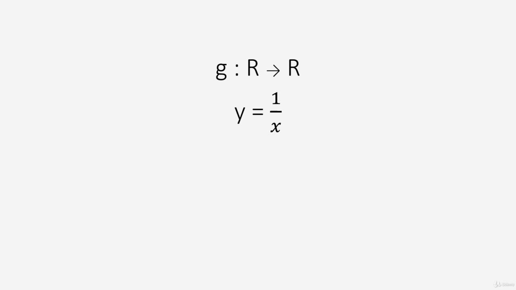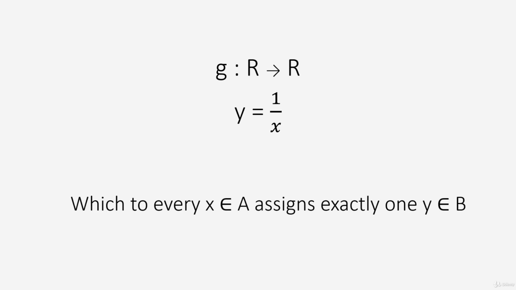If I call it with minus 2, I get -1/2, and that is also fine. But when I call this function with 0, I get nothing. Why? Because you cannot divide by 0. And if we look at the definition, it says that for every x there must be exactly one y, and here there is not, so this is not a function.